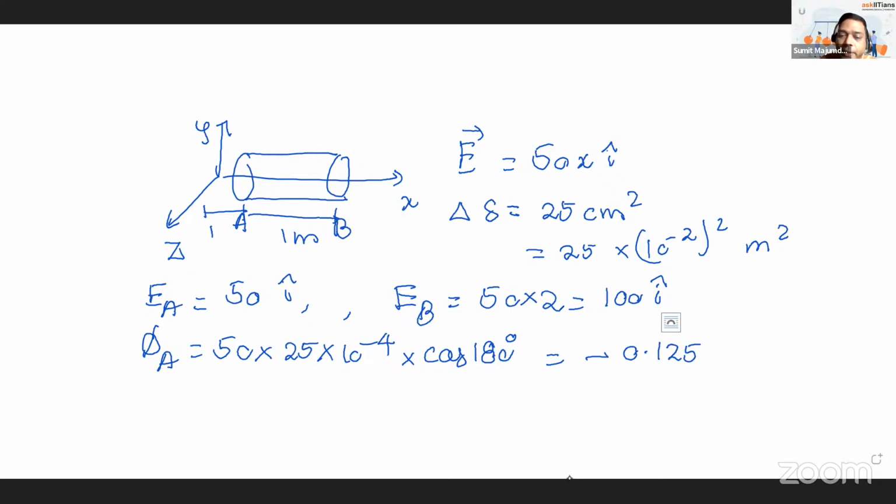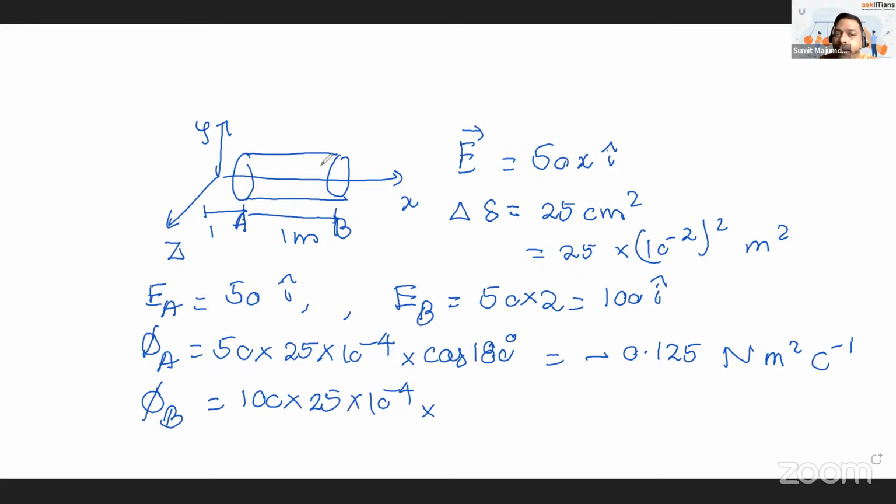Now let's try to find out the flux at the point B. Since we are talking about physics, we need to be careful about the unit. So it's going to be Newton meter square Coulomb inverse. Phi at B is going to be equal to 100 multiplied by the area, that is 25 into 10 raised to power minus 4.